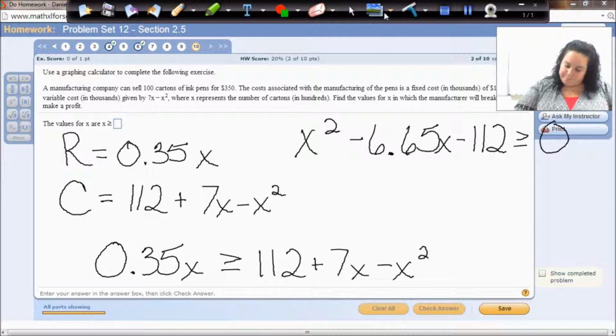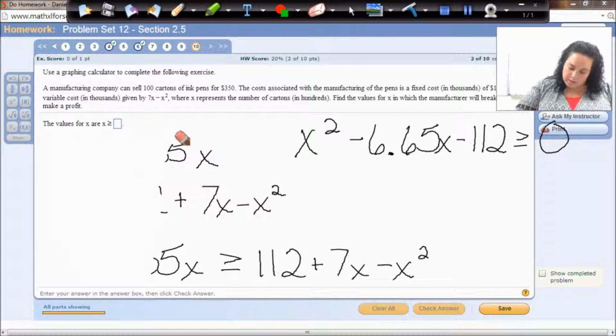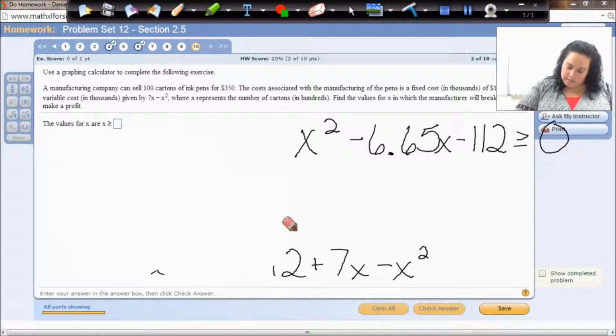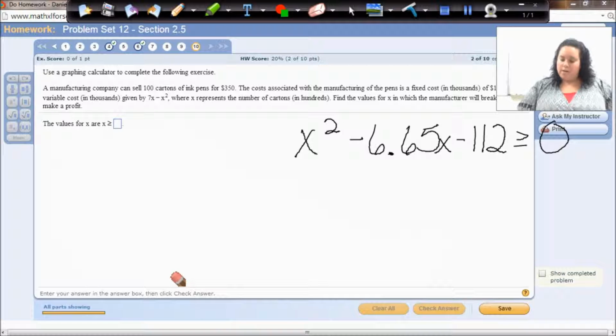All right. Okay, and I'm going to erase this, and we're going to go over to our calculator and use our calculator to tell us what the solutions to this are. So remember, we need to find the solutions to this equation. So let's go over to the calculator.